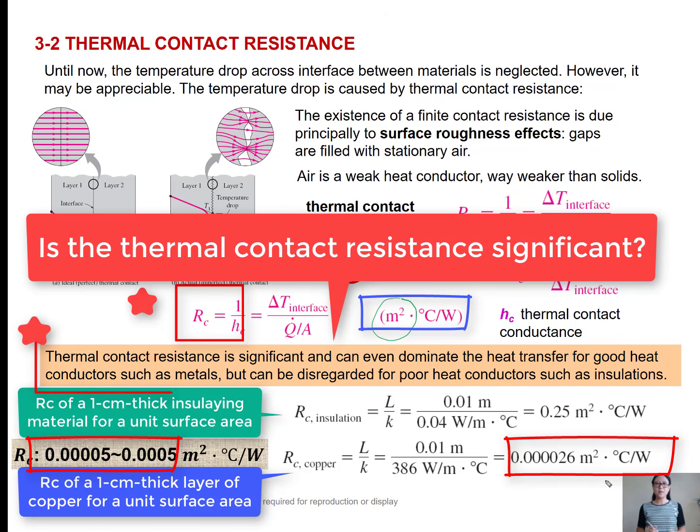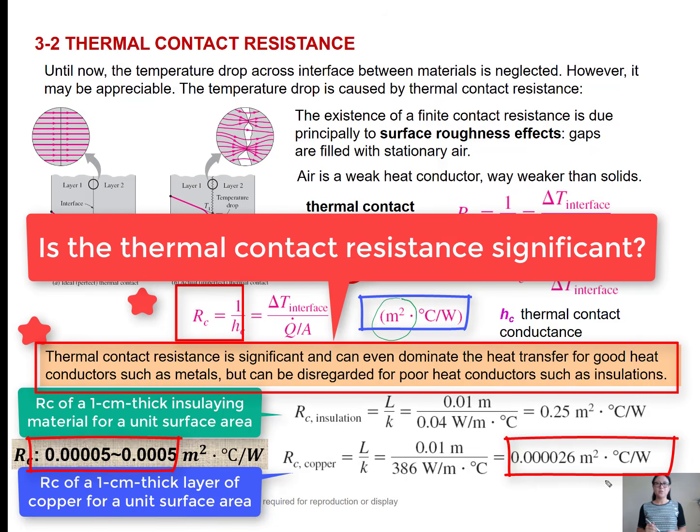So with copper, we may not want to ignore contact resistance. Here we conclude the thermal contact resistance is significant and may even dominate the heat transfer for good heat conductors, such as metals, but can be disregarded for poor heat conductors, such as insulations.